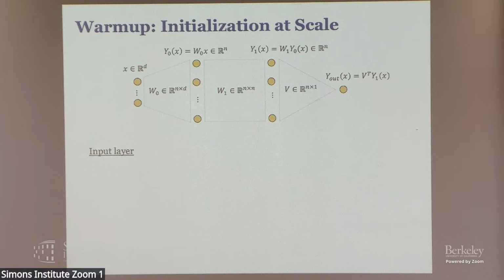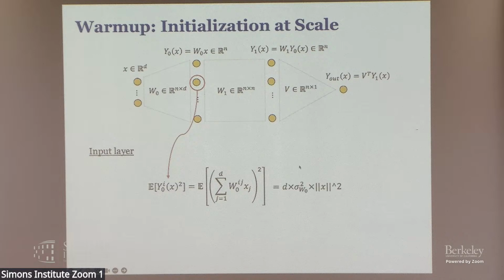So if you look at the input layer, this one here, if we do a simple calculation of, let's say, the expectation of the second moments of one of these neurons here, simple calculations will show that this is equal to d, which is the dimension of the input, times sigma w0 squared. This is the variance of the initialization that we used for w0, times the norm of x, the input, squared.